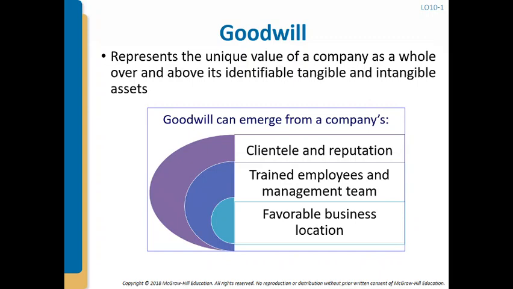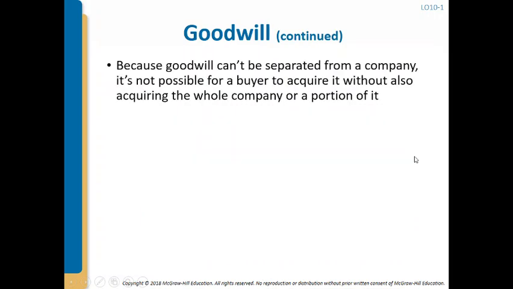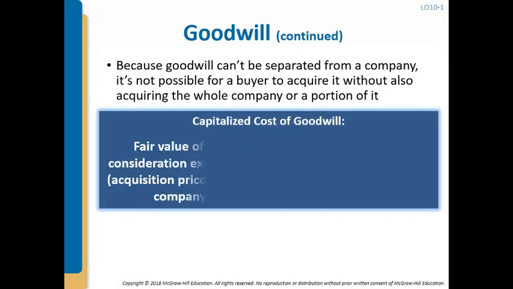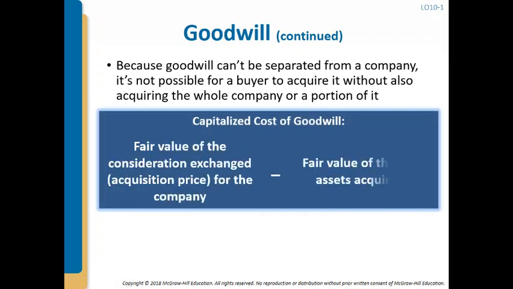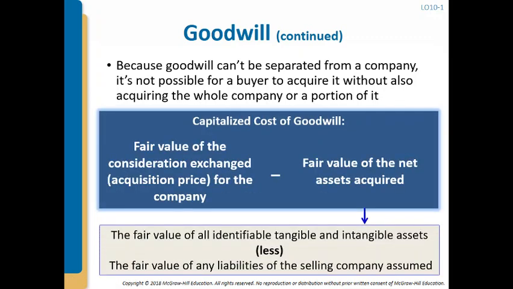And so essentially you're buying more than just the net assets. You're buying these other things, clientele and reputation, etc. Because goodwill can't be separated from a company, it's not possible for a buyer to acquire it without also acquiring the whole company or a portion of it.